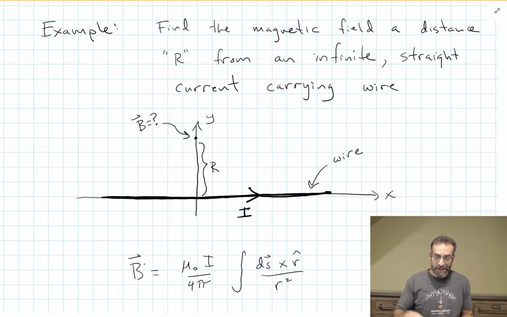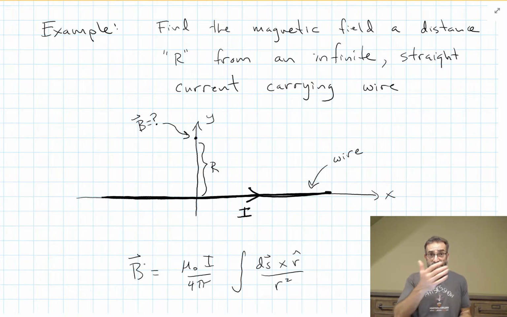We know that this wire is going to have magnetic field lines that form circles around it. So if we're standing a distance r away from the wire in the plane of the page, that magnetic field has to be perpendicular to the plane of the page. It forms a circle around the current carrying wire. The question is, does it point up out of the page or down into the page?